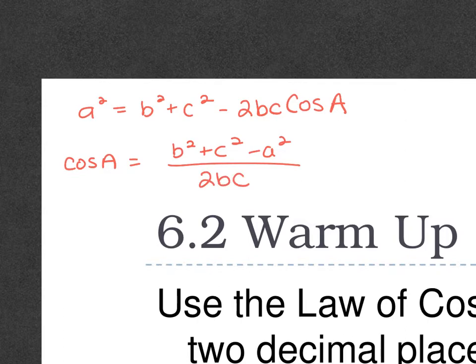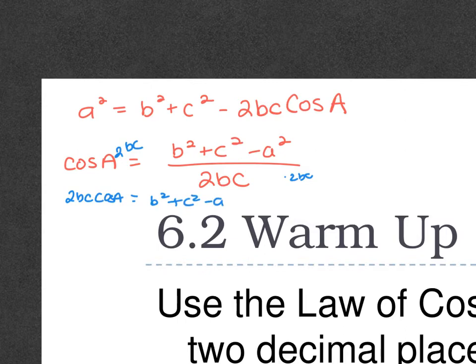Now realize that these are interchangeable, right? If you look at one, it is just the solved version of the other. If I took the bottom one and multiplied by 2BC, I'd get 2BC cosine A equals b squared plus c squared minus a squared.